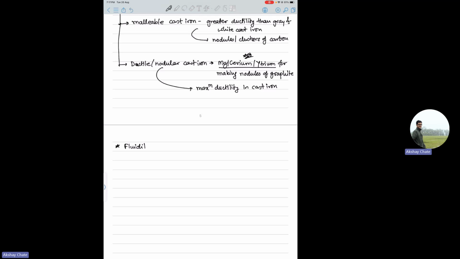Fluidity for cast irons is measured by this formula. The unit will be inches here. This will be 14.9 times CE plus 0.05 times temperature in degrees Fahrenheit minus 155.